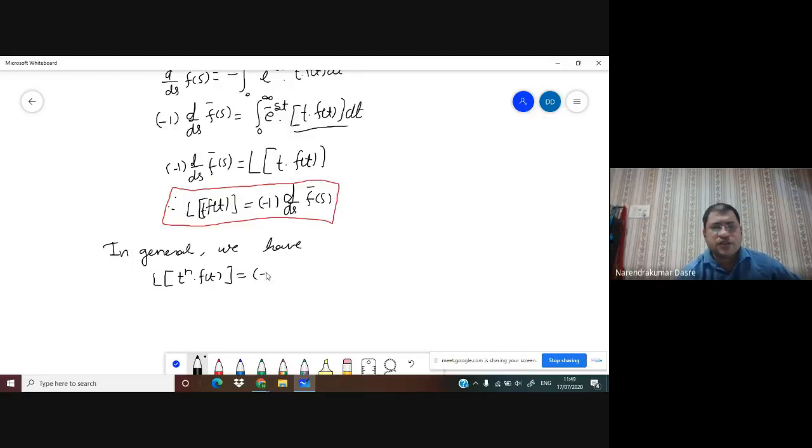Because every time I differentiate, I'll get a minus 1 outside. So n times I am going to differentiate, so I'll be having minus 1 raised to n, and I have differentiated n times with respect to s, so d n by ds raised to n of f bar of s. So this is the general formula: if I multiply the function n times by t, then on the right hand side I have to take the n-th derivative multiplied by minus 1 raised to n.